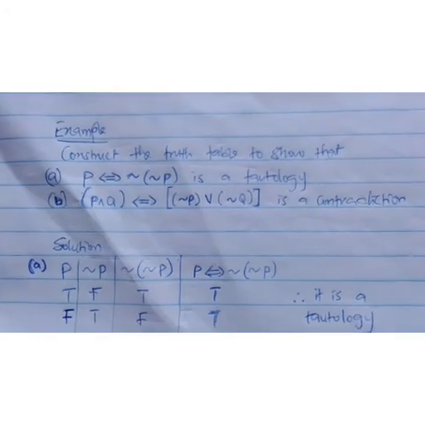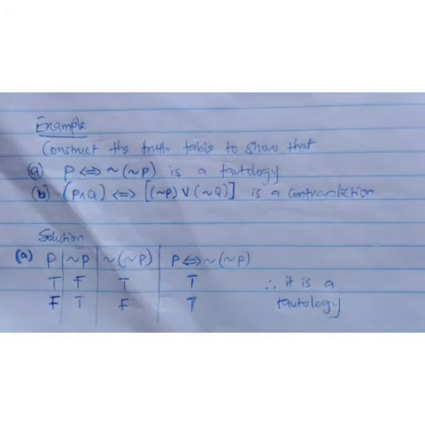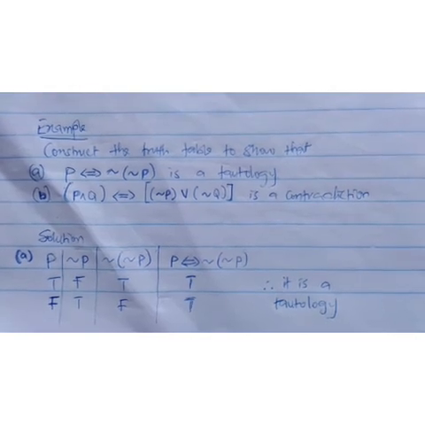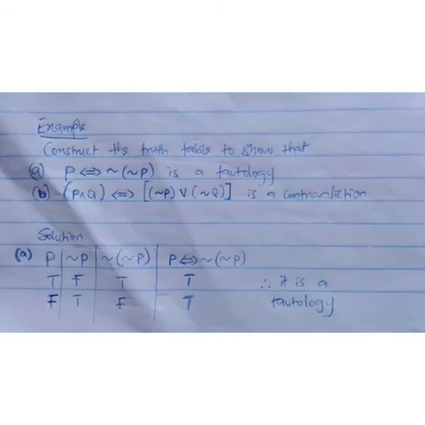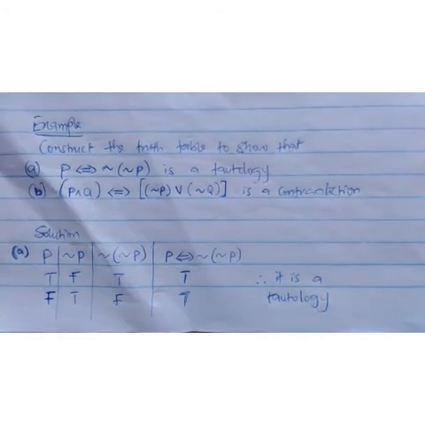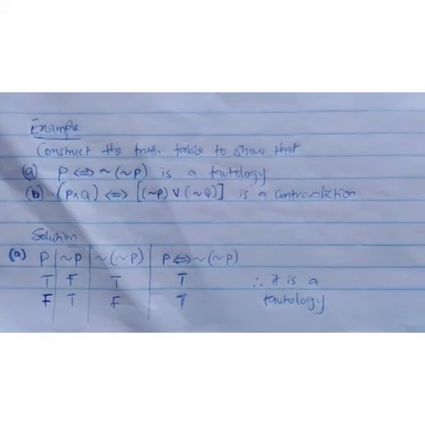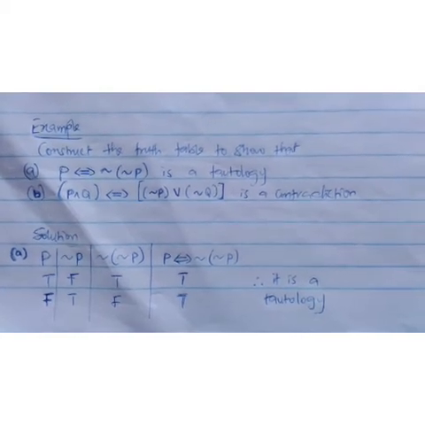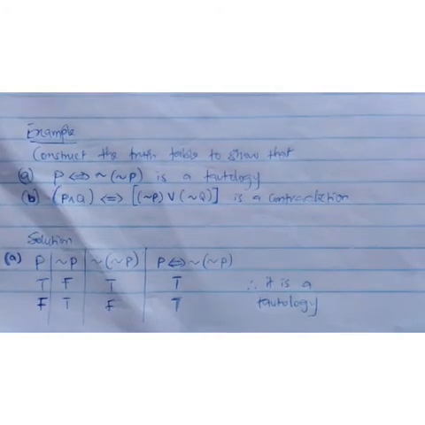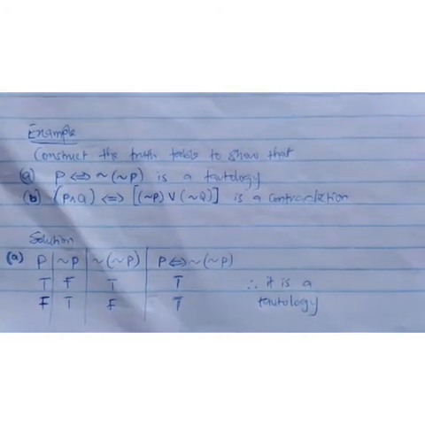Example: construct a truth table to show that P biconditional not, in brackets, not P is a tautology, and P and Q biconditional not P or not Q is a contradiction. Solution. Now in this case, I just picked two constant values of P, which is TF. Recall in our P value we have that as TTFF, so I just picked TF as an experiment.